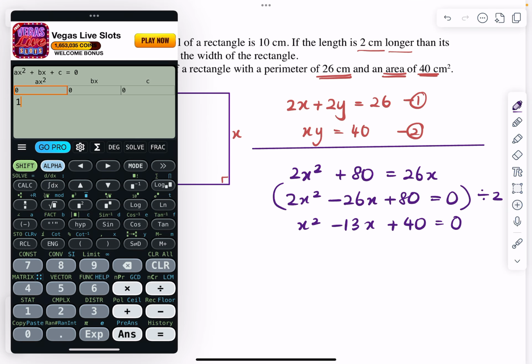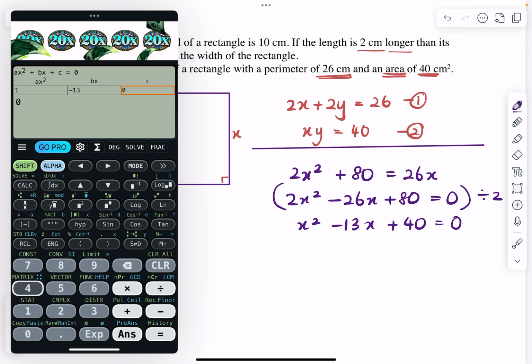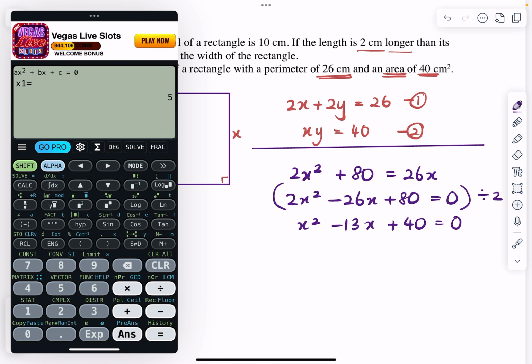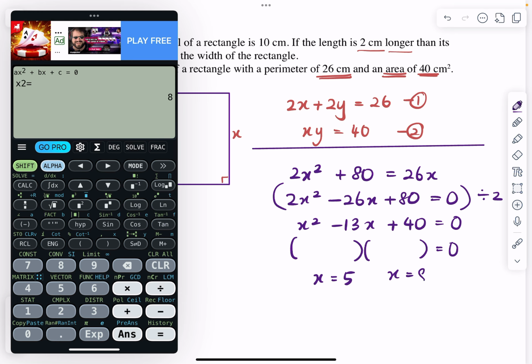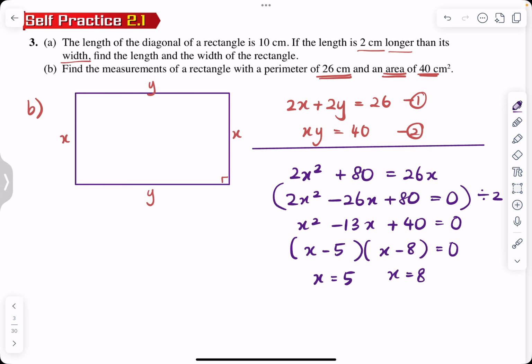So x squared is 1x squared, negative 13 and 40. So we get x is 5, the other one will be x is 8. So putting them inside the bracket, we get x minus 5 and x minus 8. Okay, so we get two different values of x.